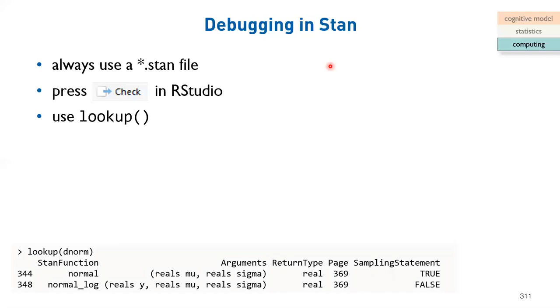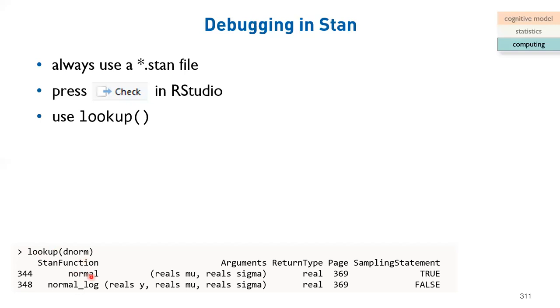Suppose that we know the probability density function of a normal distribution, so the PDF of a normal distribution in R. This is dnorm, right? As we learned, dnorm for the density of a normal distribution. And we would like to know how the Stan language calls the normal density distribution. So if we look this one up, the results are here.